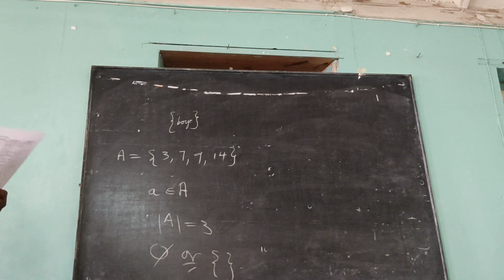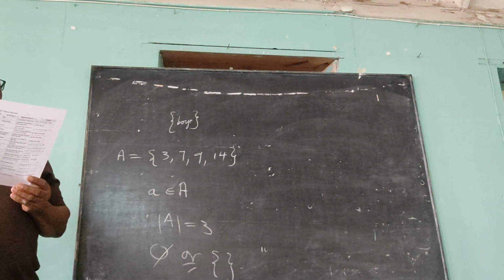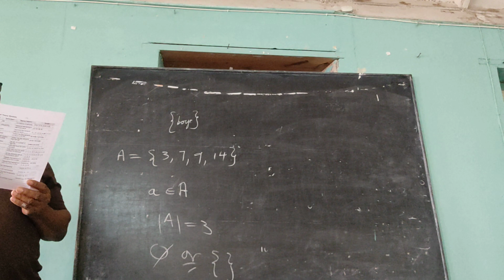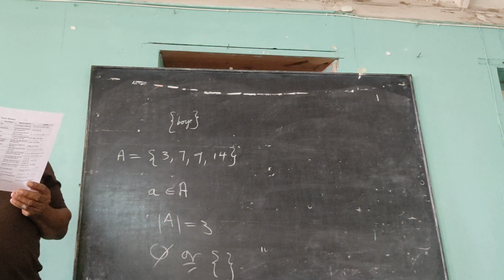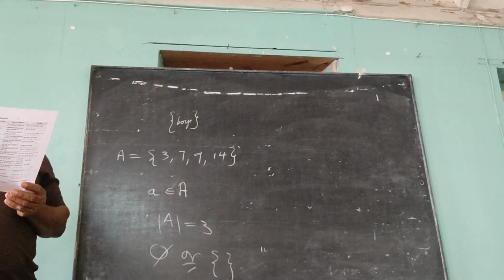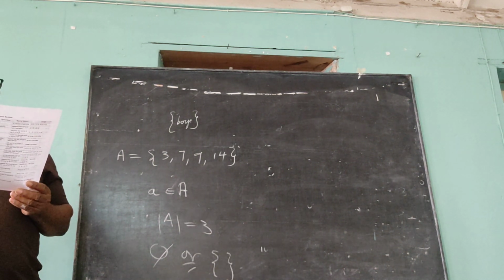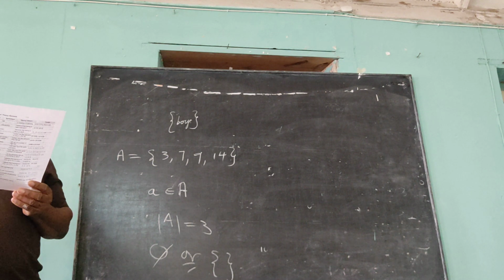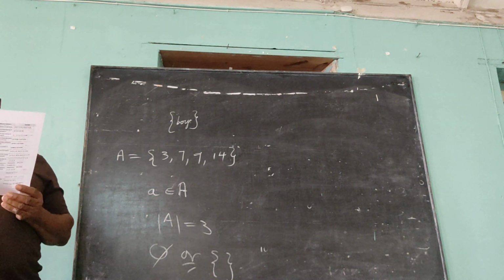What is a set? The definition says a set is a collection of objects, usually of the same kind. Each set can be denoted by a capital letter. A set may be defined by listing the members or describing the members.